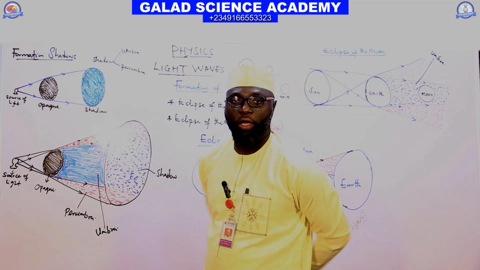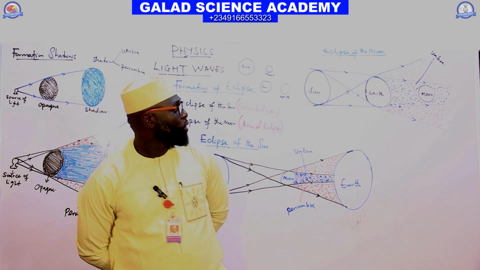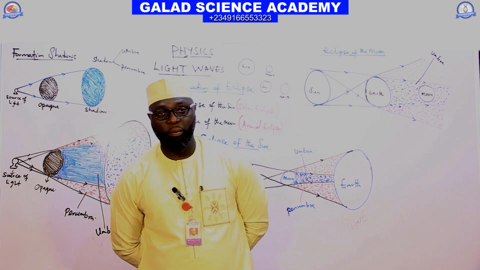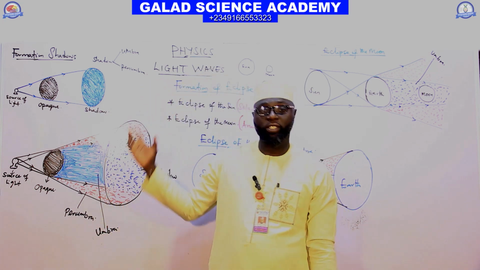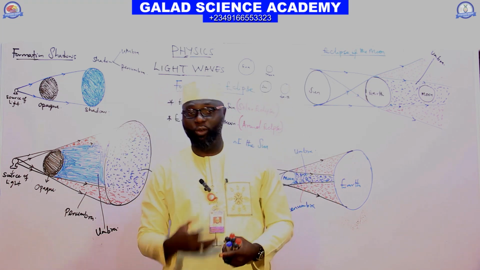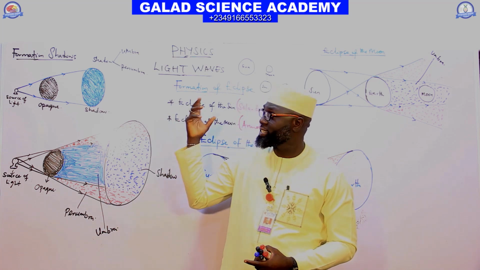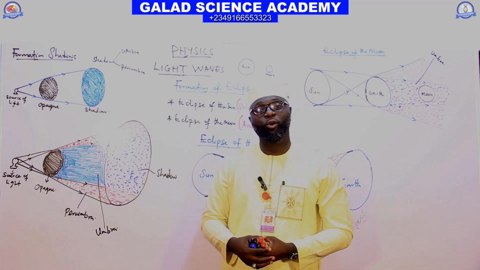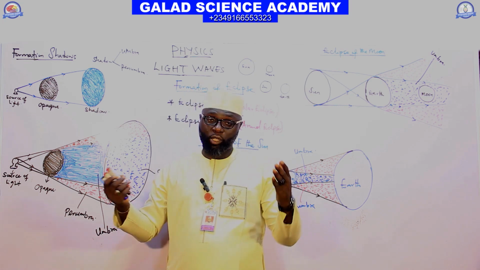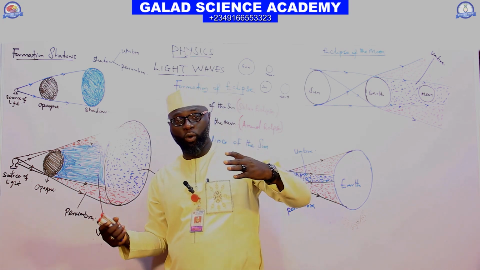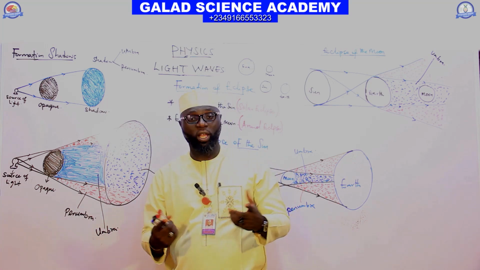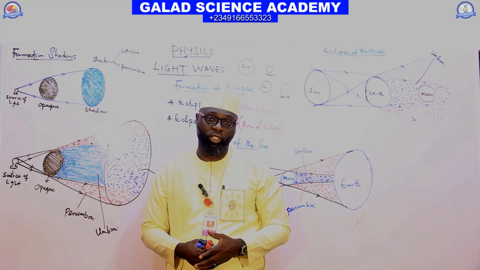So that is all about light wave. If you can still remember, the light wave is a form of energy that brings about the sensation of vision, and it is a visible electromagnetic wave which does not require a material medium for propagation.